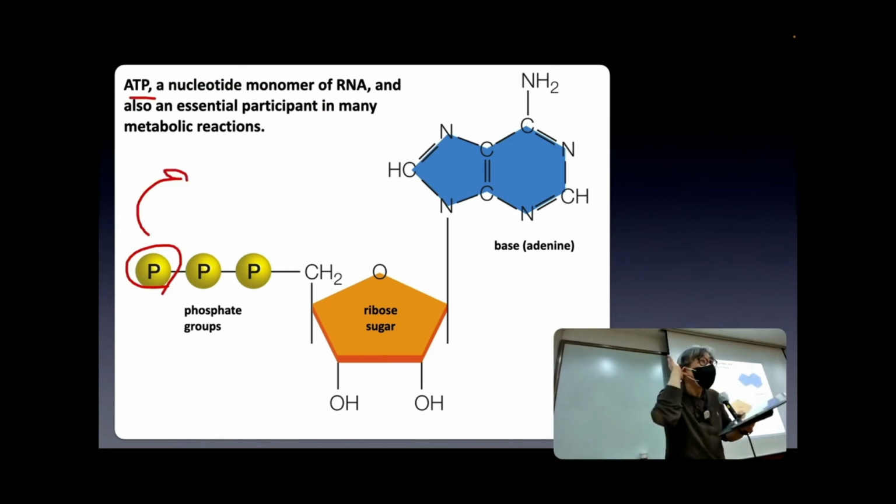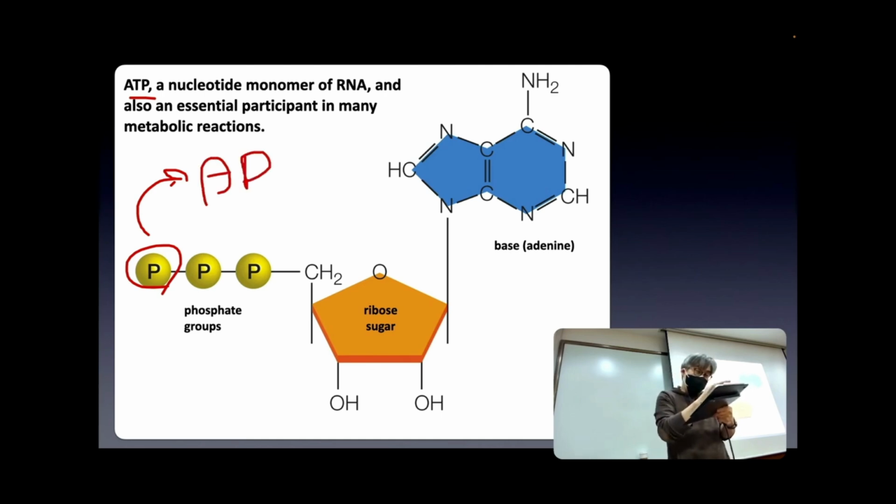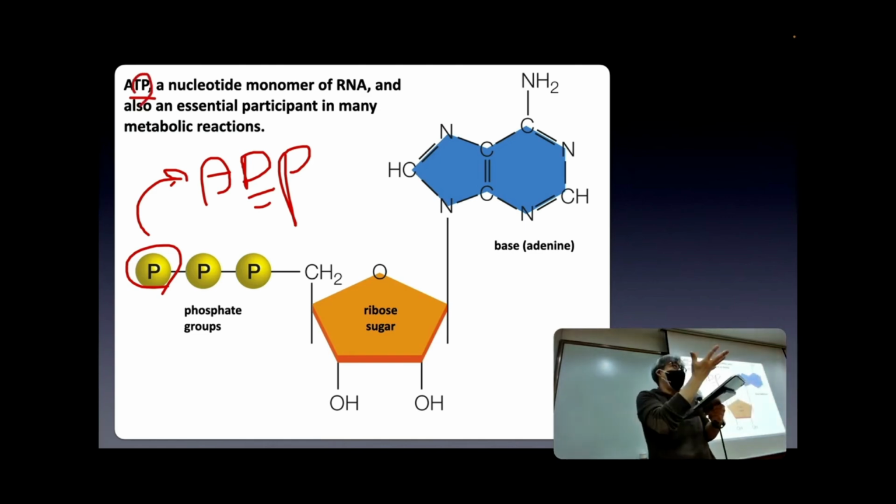Yes, exactly. You took chemistry or biology before, huh? ADP. So here this D or T means di versus tri. ATP stands for adenine triphosphate, 3 phosphates, whereas ADP means having only 2 phosphates.